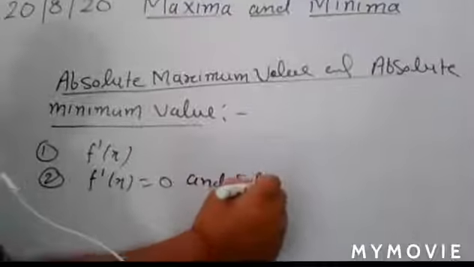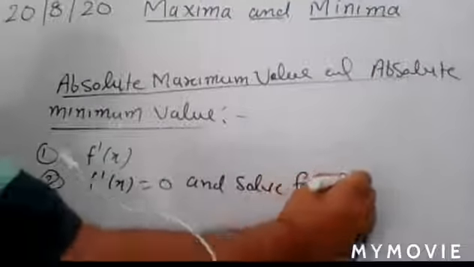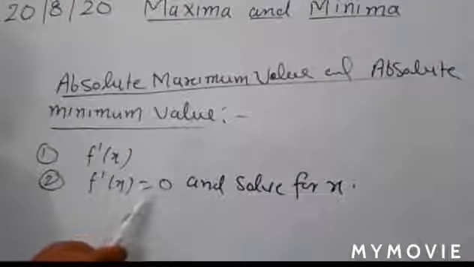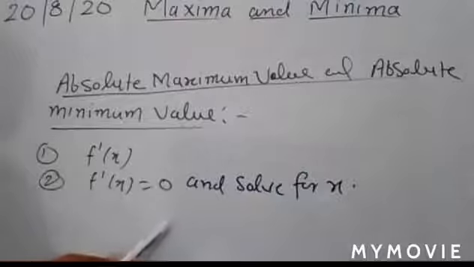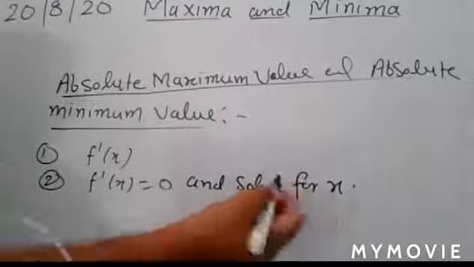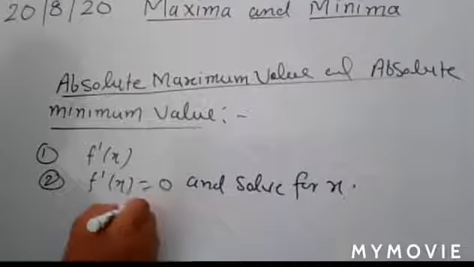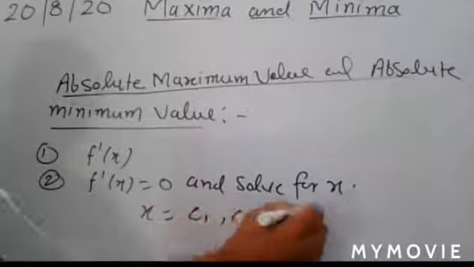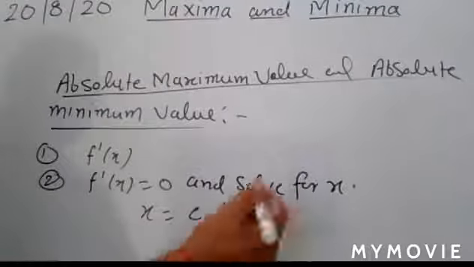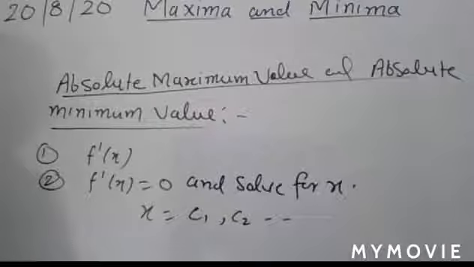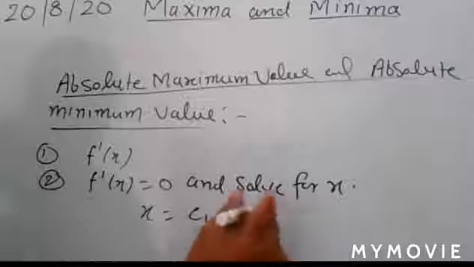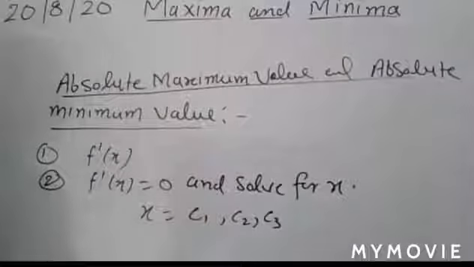Means you find the derivative, make it equal to 0 and solve for x. Suppose the values of x obtained are c1, c2, and c3. Suppose three values are there.